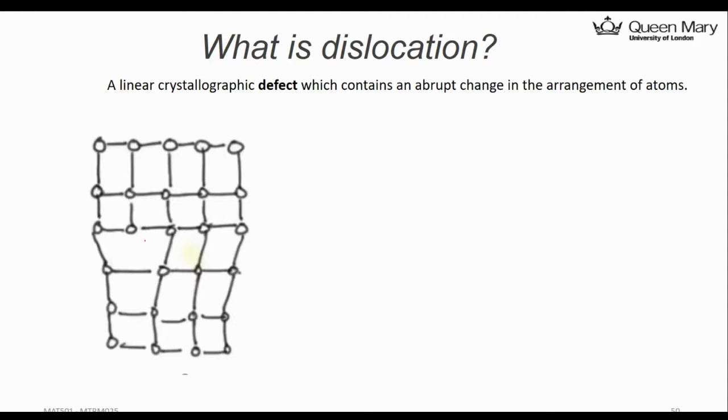Think about a daily life example. If you search dislocation, you will end up seeing a lot of images of bone dislocation. I guess most of you, when you were very young as a child, got a dislocation of your bone because your parents or your friends pulled you very heavily.